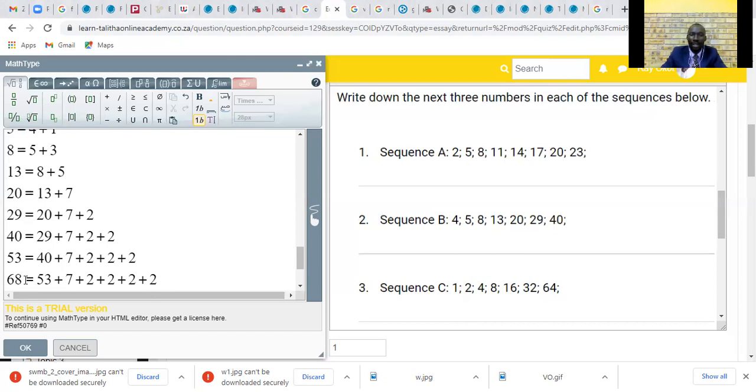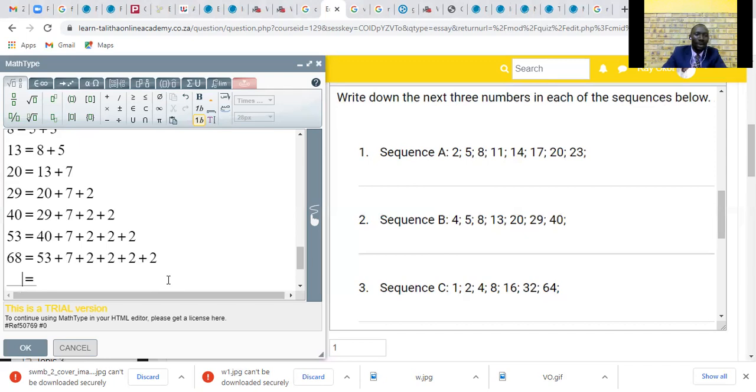See how it's coming? Well, the next thing we want to look at is the number which comes next. Notice that we don't know that number, but we know the formula to get there. So what's the formula to get there? Well, the formula is to have 68, and onto 68 we add 7. Then, how many 2s do we have previously? 1, 2, 3, 4.